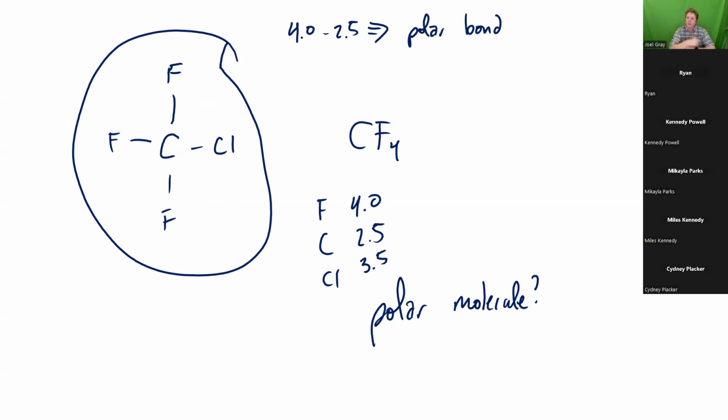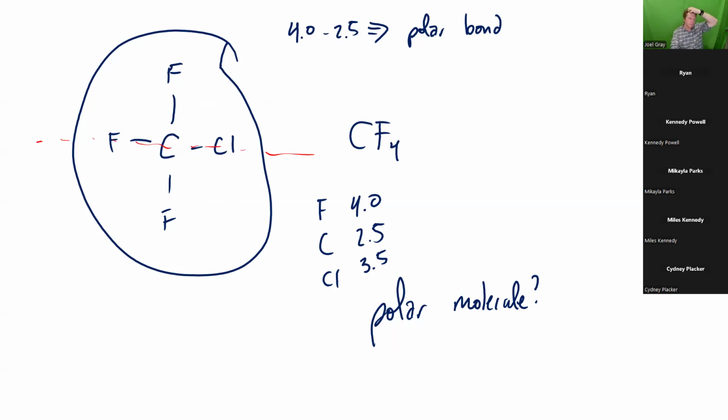You're absolutely right, because whenever I replace that fluorine with a chlorine, that molecule has lost its symmetry. When it loses its symmetry, I know you might be thinking, oh, well, along this axis, it's perfectly symmetrical.